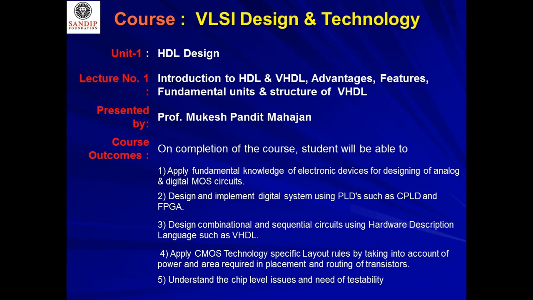Third, design combinational and sequential circuits using hardware description language such as VHDL. Fourth, apply CMOS technology specific layout rules by taking into account power and area required in placement and routing of registers. And fifth, understand the chip level issues and need of testability.